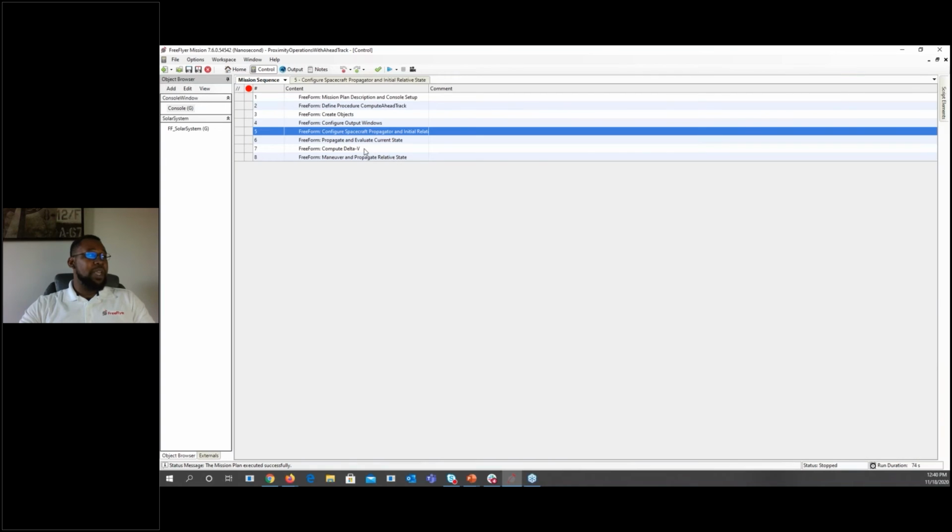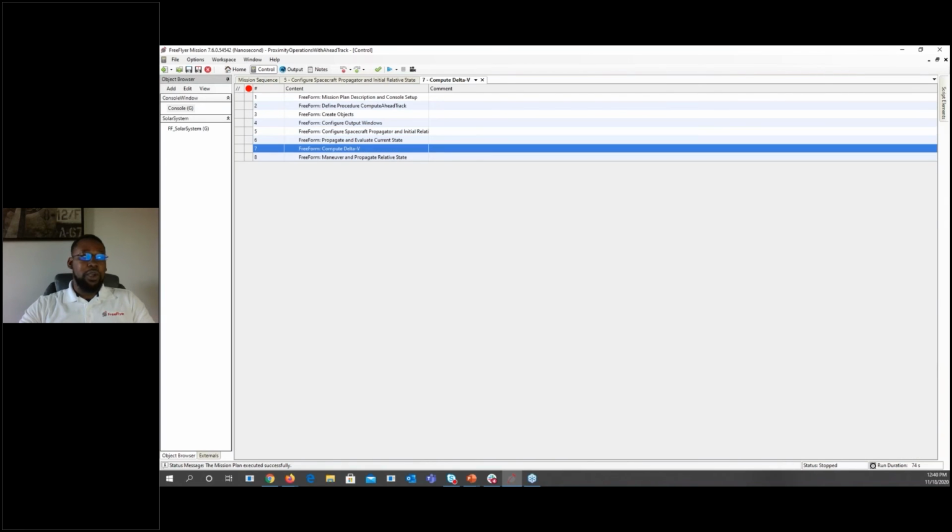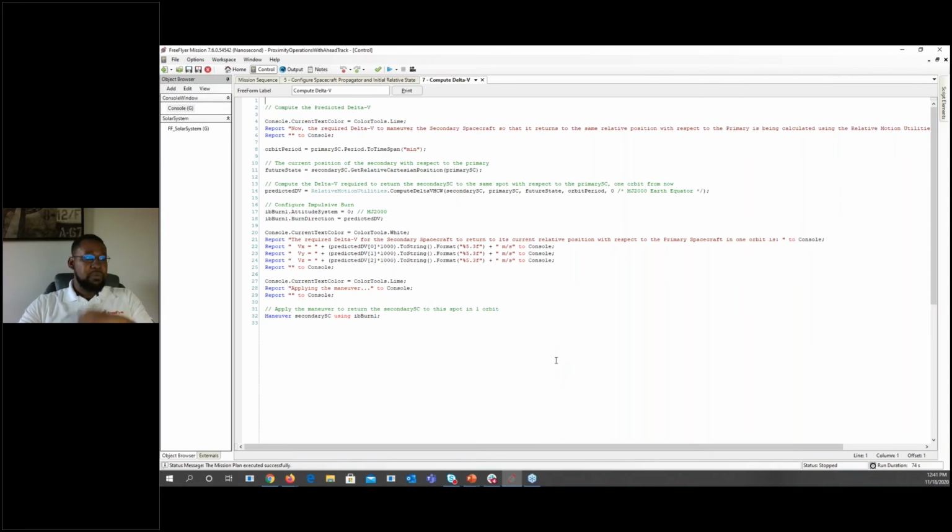And then as we propagate, we eventually get to a point where we're going to compute our delta V to put us into a relative motion orbit that reaches a desired location or future state.